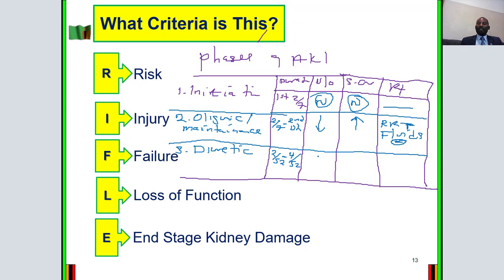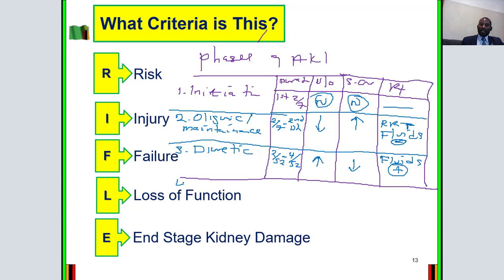The urine output is going to increase. If the urine output increases, what happens to the serum creatinine? Serum creatinine is going to decrease. And here, what you need is fluid. Actually, this patient now requires fluid.